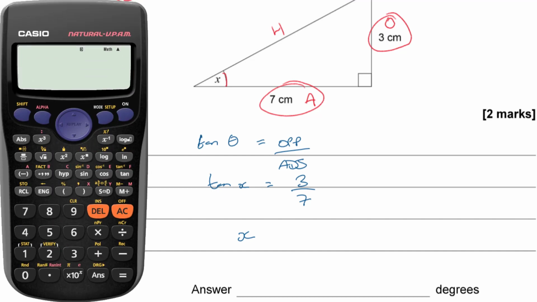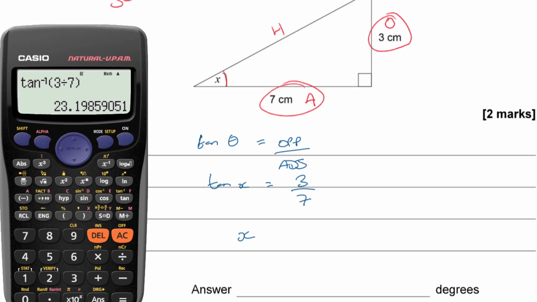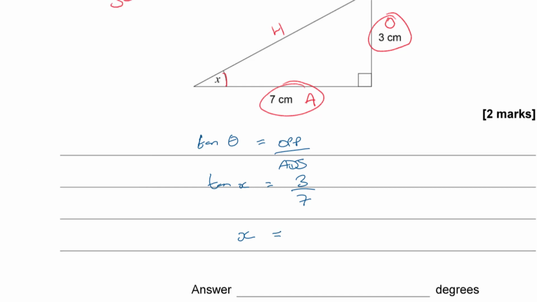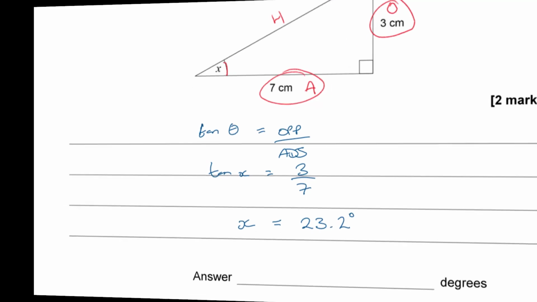So that's shift tan 3 divided by 7. So my calculator is saying 23 and change. I'm going to write that down to 1 decimal place. 23.2, and the unit is degrees, isn't it? 23.2. So that's all. We've reached the end of the paper.